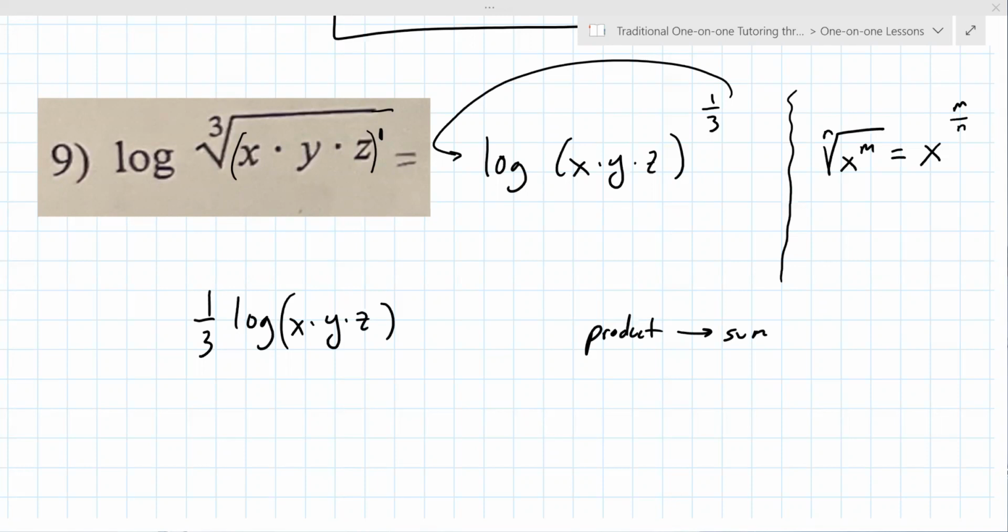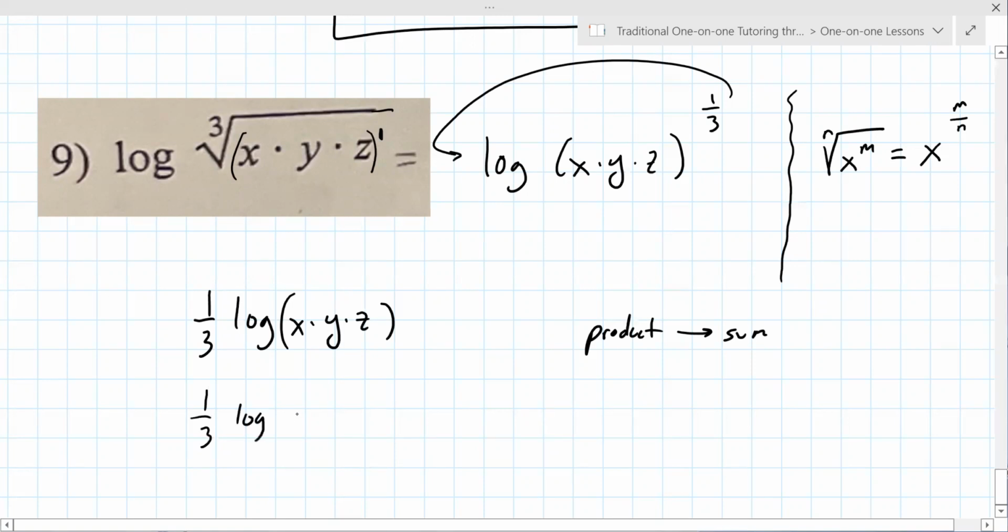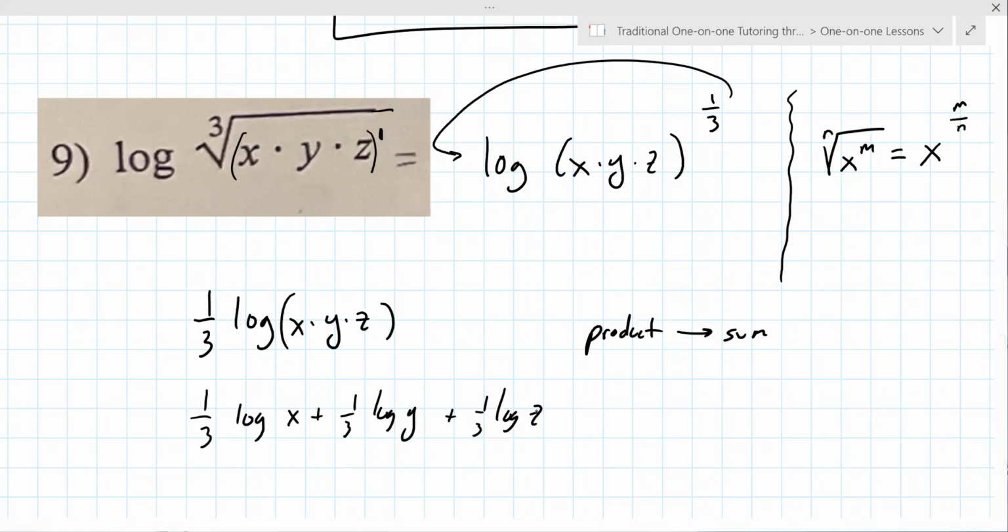So again, it's 1/3 log x plus 1/3 log y plus 1/3 log z. Any questions on that? Any follow up? No? Okay. We'll move to 11.